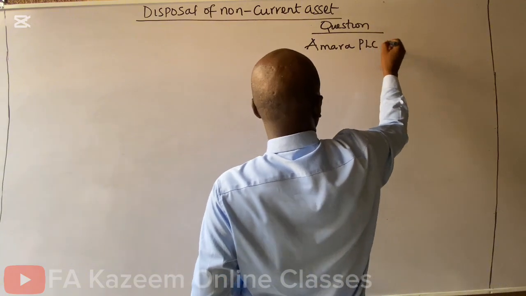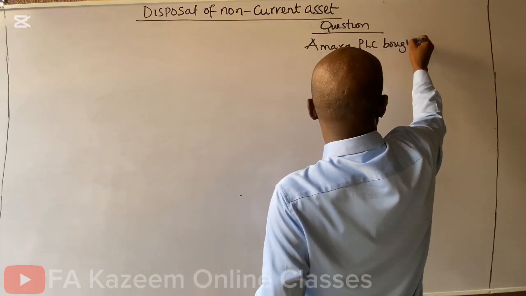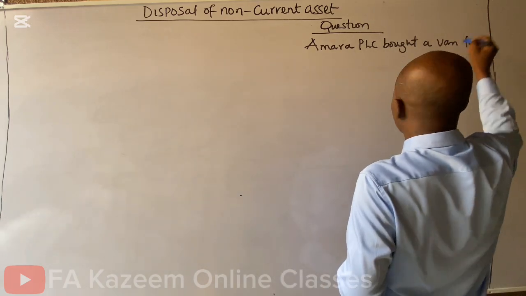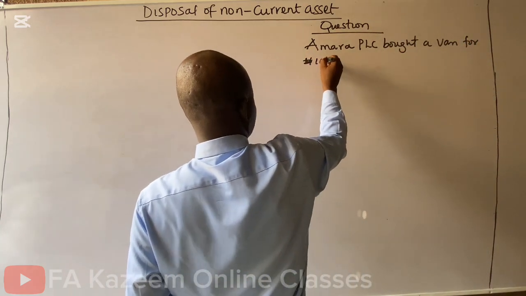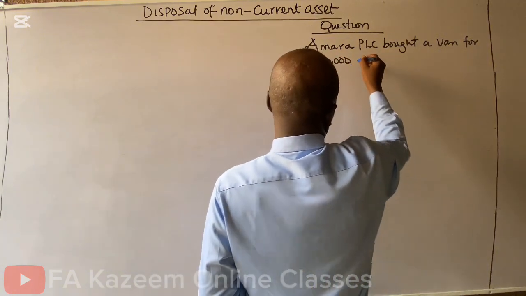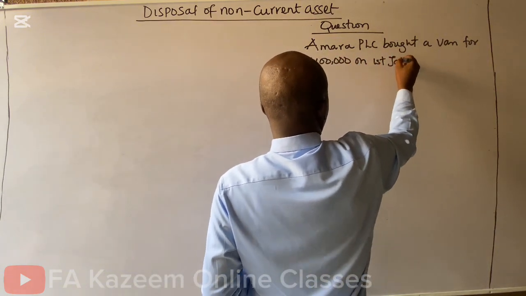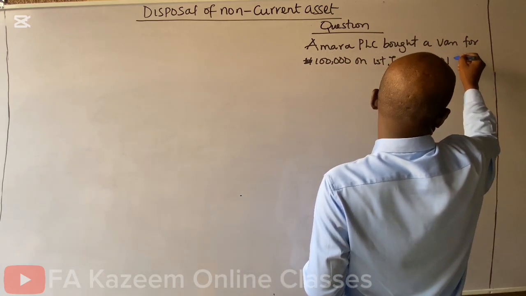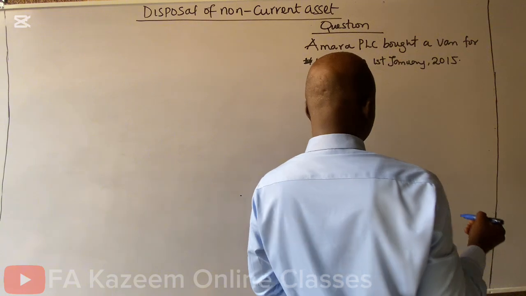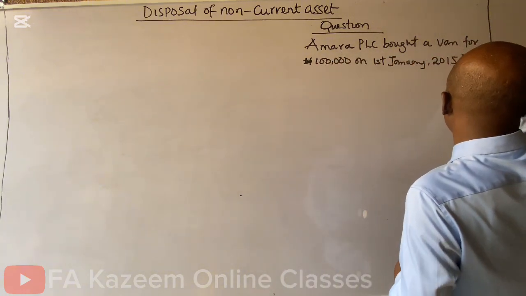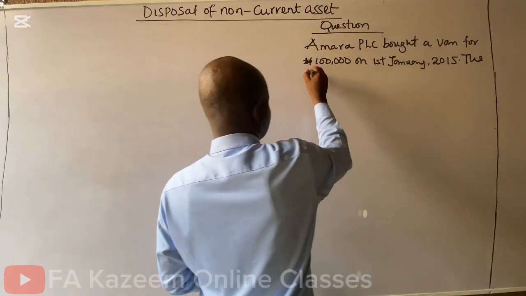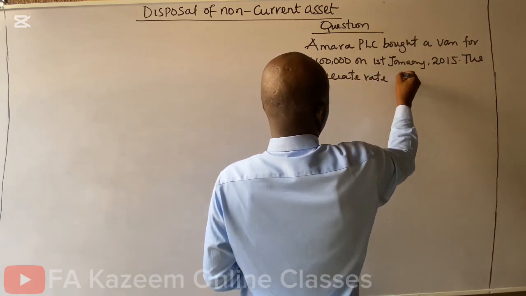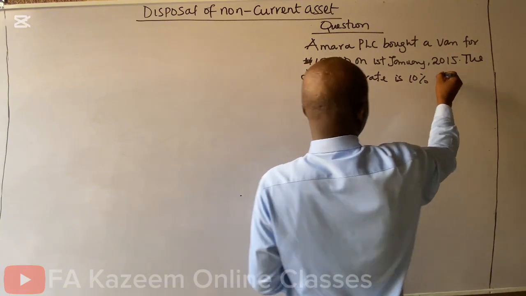Amara PLC bought a van for 100,000 naira on 1st January 2015. The depreciation rate is 10% annually.